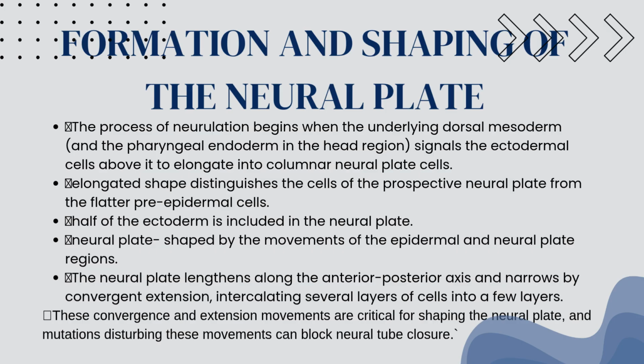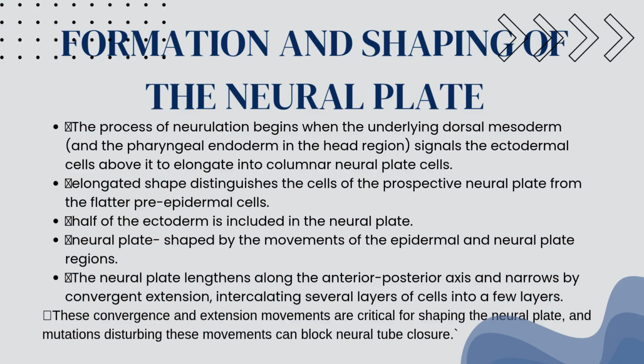Formation and shaping of the neural plate. The process of neurulation begins when the underlying dorsal mesoderm signals the ectoderm cells above it to elongate into columnar neural plate cells. These elongated cells contrast with the flattened pre-epidermal cells. Usually half of the ectoderm is included in the neural plate.